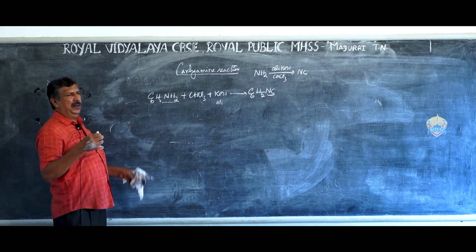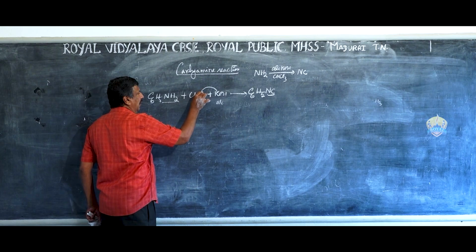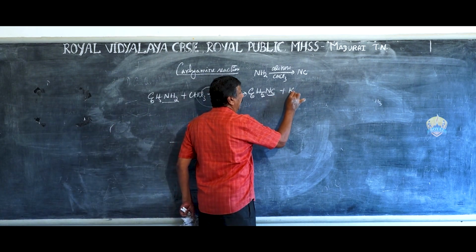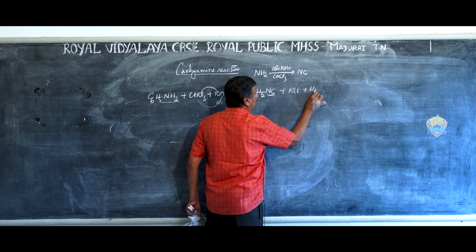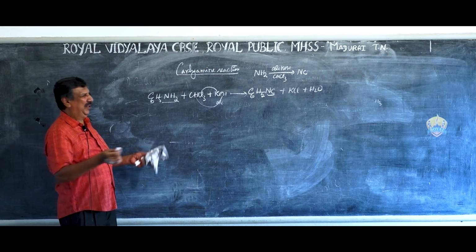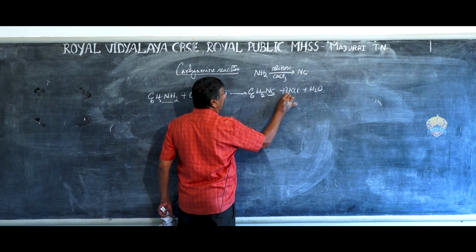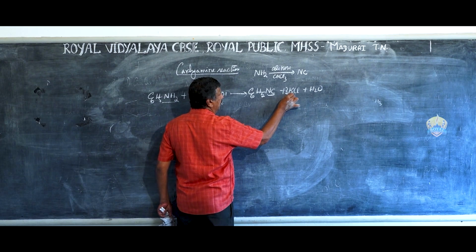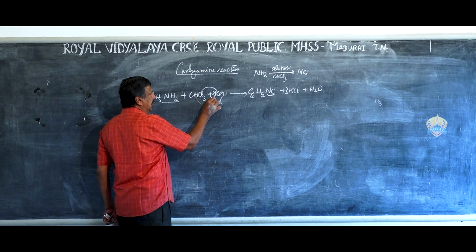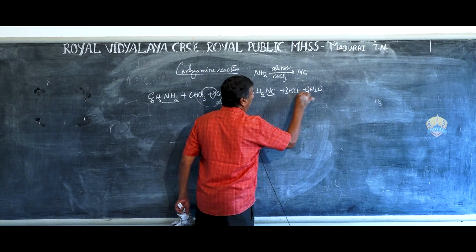Then what are the other products? You guess like this. Potassium chloride, water. So the other products are these ones. Now if you want, you can balance. You see the 3 chlorides. So 3. When you write 3 for chloride, potassium increases by 3. So you write 3 potassium. When potassium increases by 3, oxygen also increases by 3. Okay.